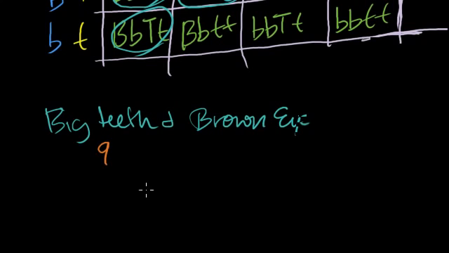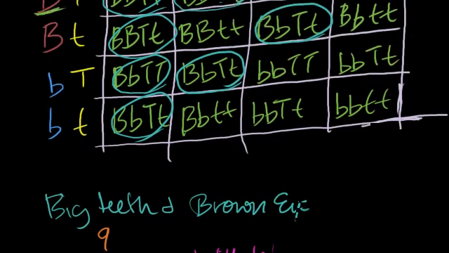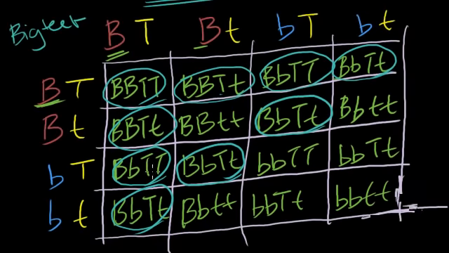Now, let me write brown eyes and little teeth. So this is brown eyes and little teeth right there, and right there, and right there.